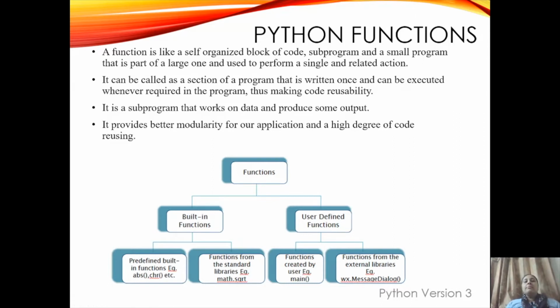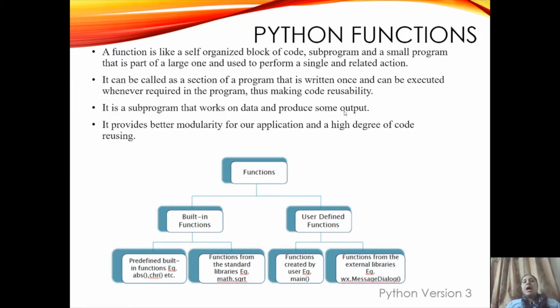User-defined functions are created by the user. The user can create them in two ways: directly create a function and use it, or use the Python library, call its functions, and after using them, create another function.